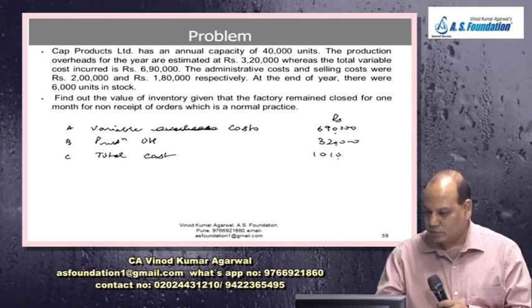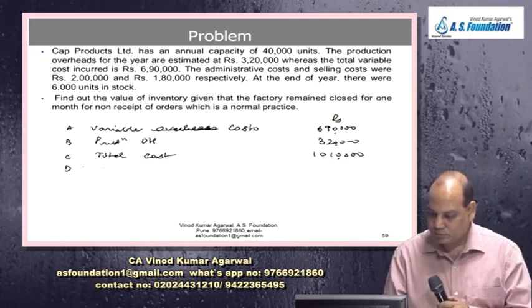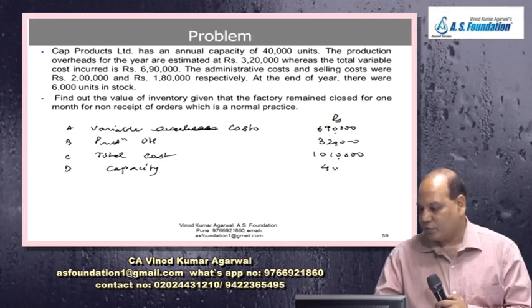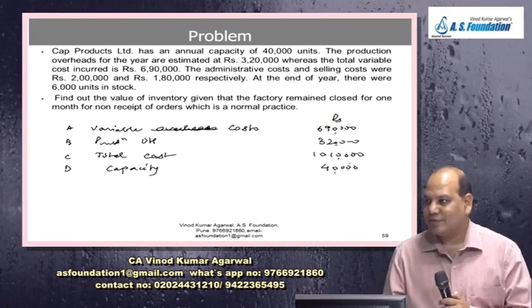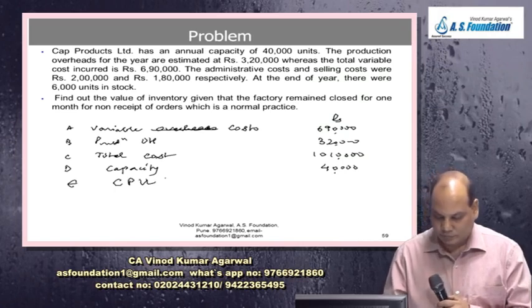10 lakh 10,000. And what is the capacity they have produced? 40,000. Only one capacity is given in the problem, so we can't do anything about it. Right. So what is my cost per unit? 25.25.